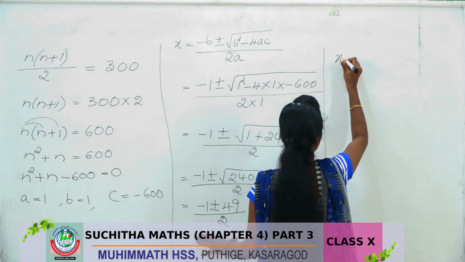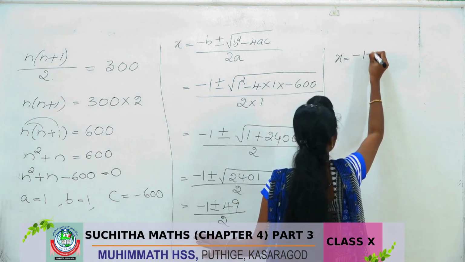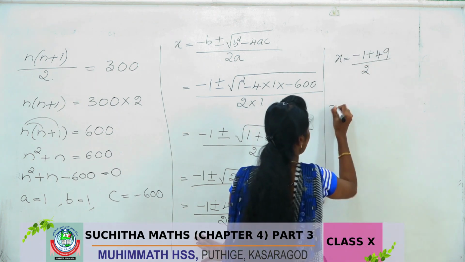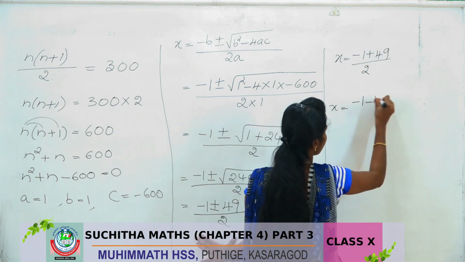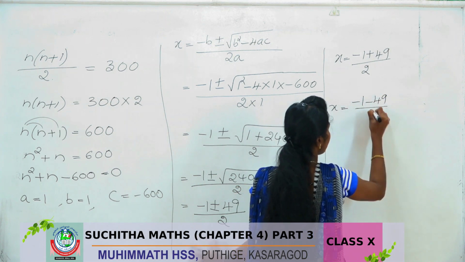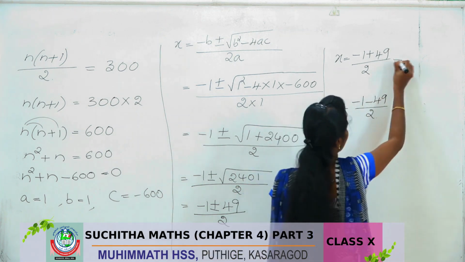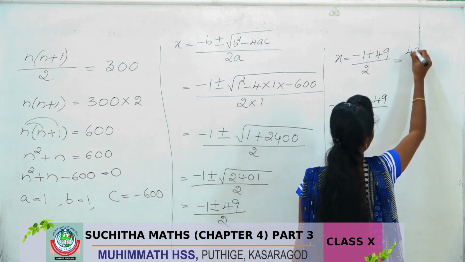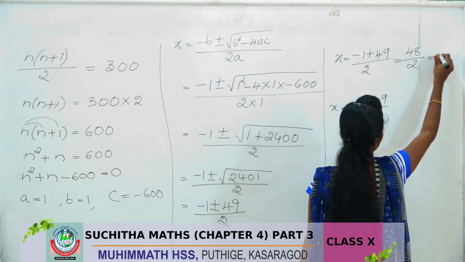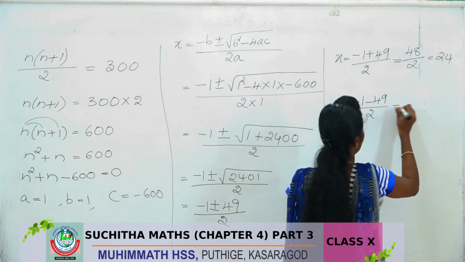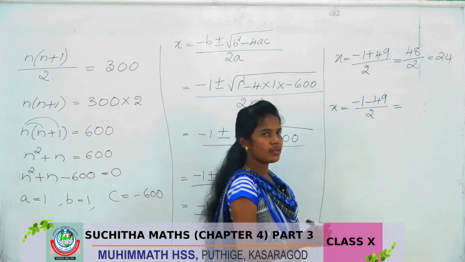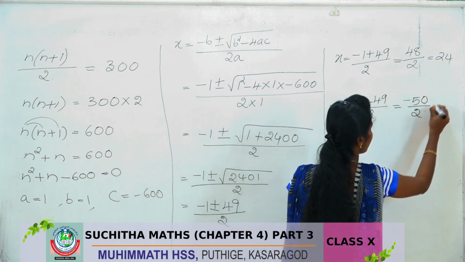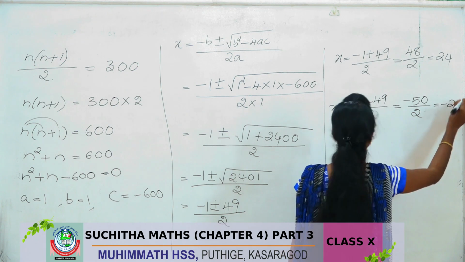That is x equal to (minus 1 plus 49) divided by 2 and x equal to (minus 1 minus 49) divided by 2. Minus 1 plus 49 is 48, and 48 divided by 2 is 24. Minus 1 minus 49 is minus 50, and minus 50 divided by 2 is minus 25.